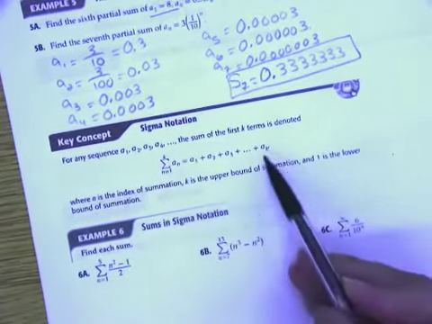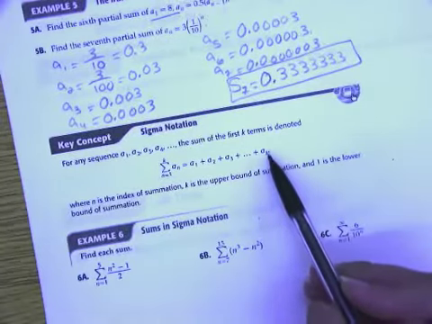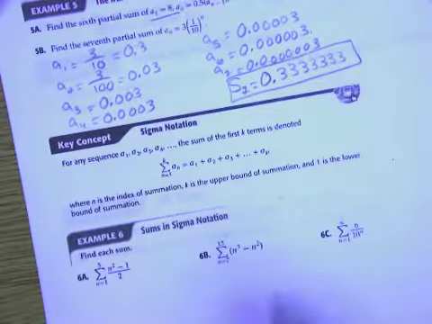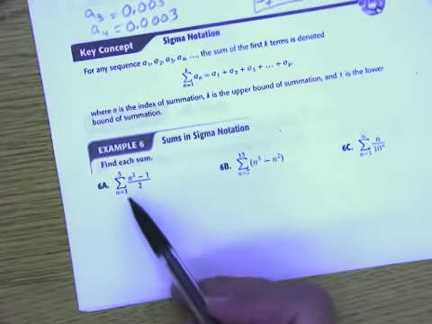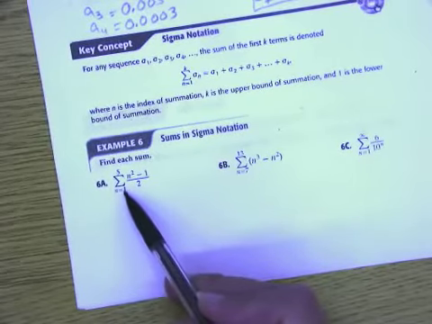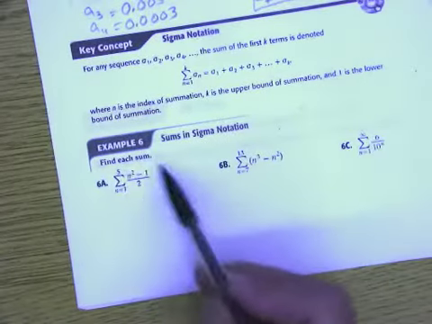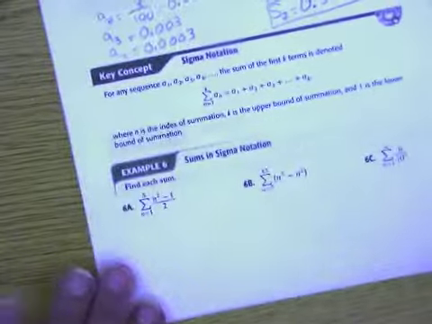This k tells me that a sub k is the last term of the sequence that I am including in my summation. So in example 6, this notation is telling me that I want to sum the first 5 terms of the sequence given by this explicit formula.